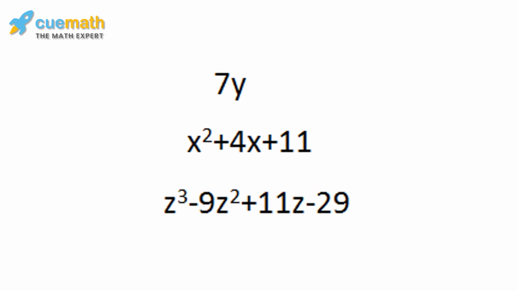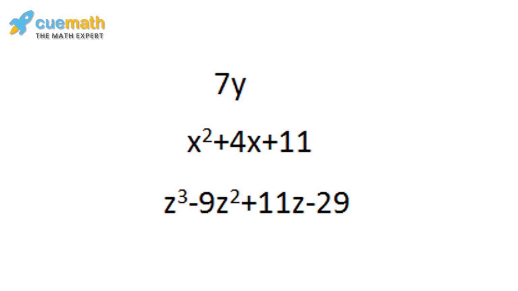Now moving on, let us consider a few algebraic expressions. The first one is 7y, the second one is x square plus 4x plus 11, the third one is z cube minus 9z square plus 11z minus 29. Now in these three algebraic expressions, we see that each of these expressions consists of only one variable.